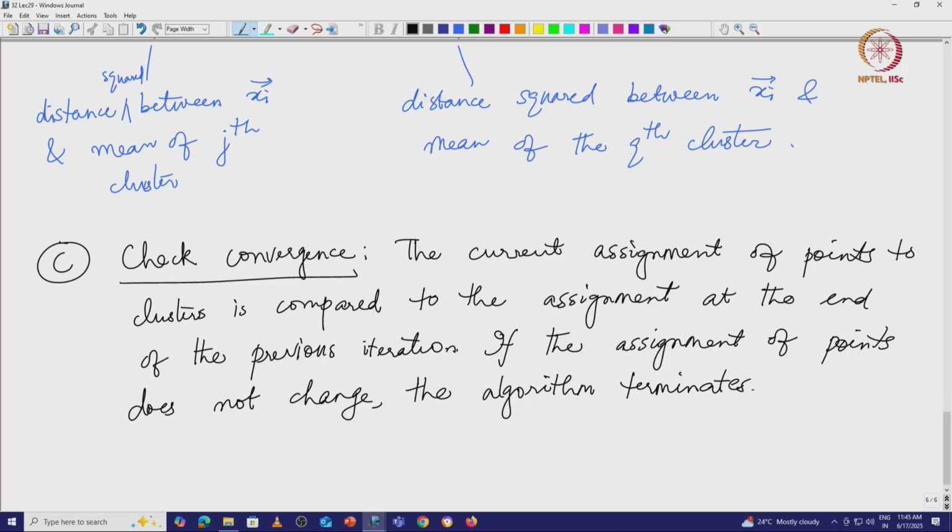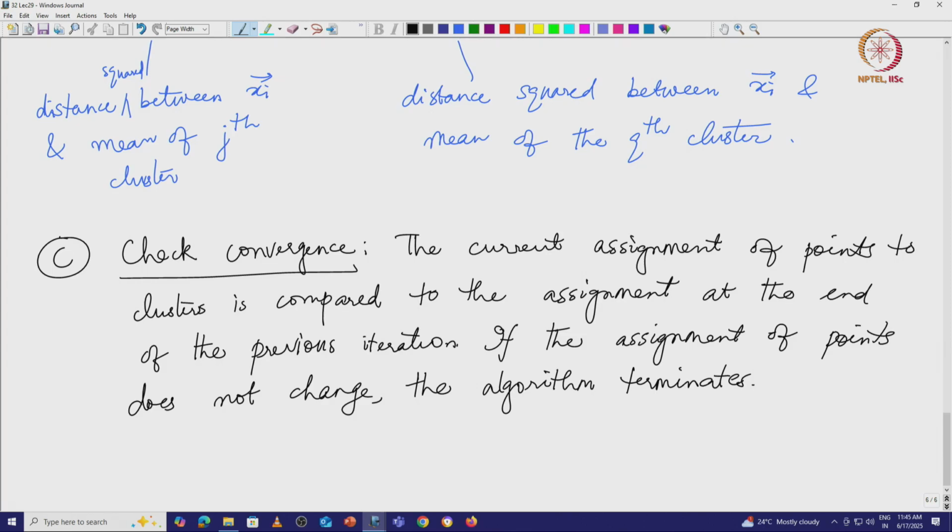Why? Because if the assignment of points does not change, the means do not change, and the assignment will remain the same even if you repeated the algorithm. However, if the assignment of points does change, then the means have to be recalculated.